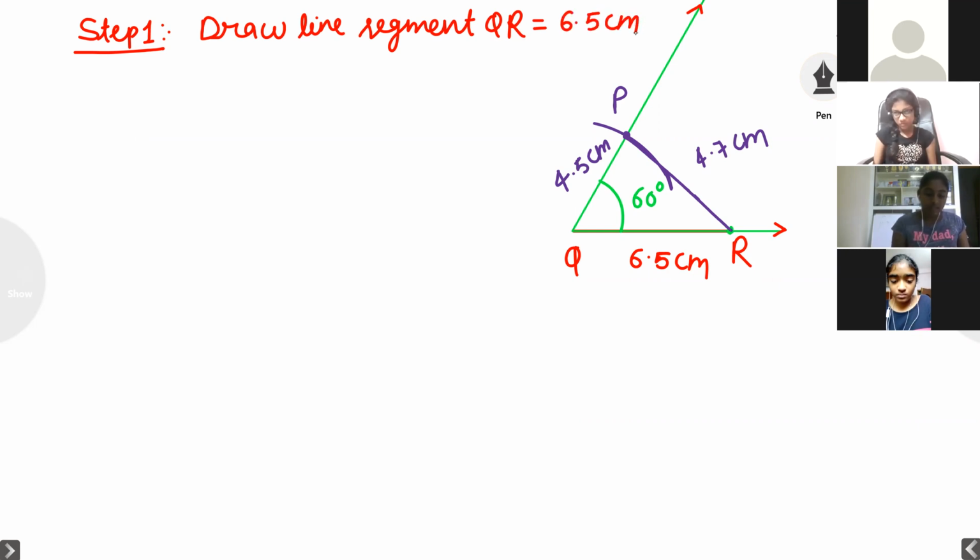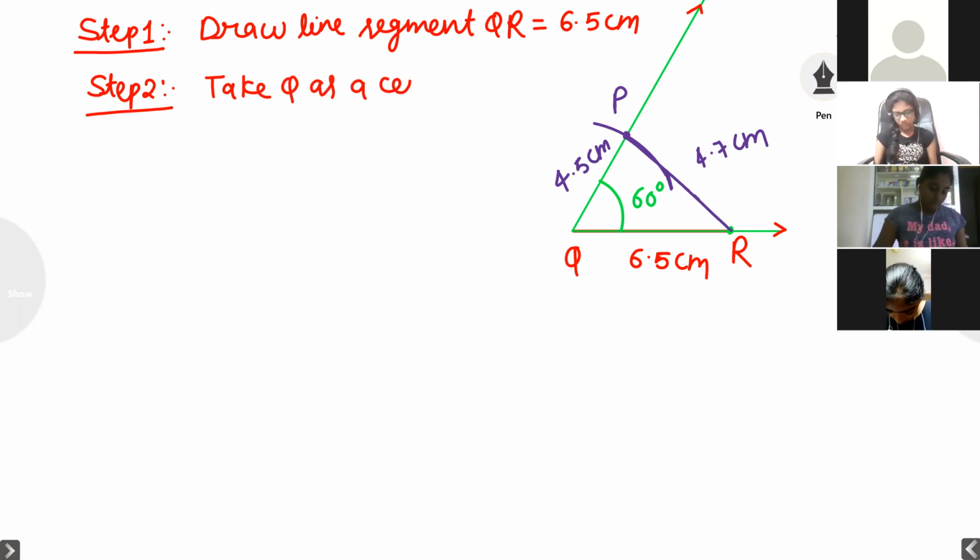Step 2, take Q as a center. Construct a 60-degree angle.